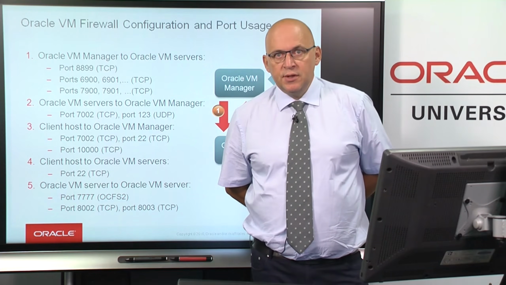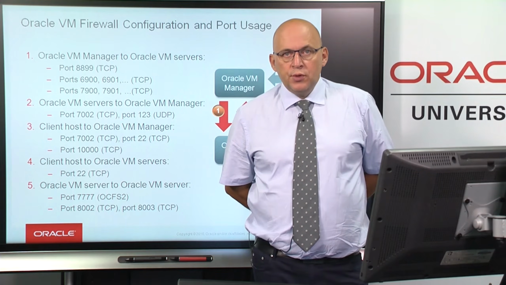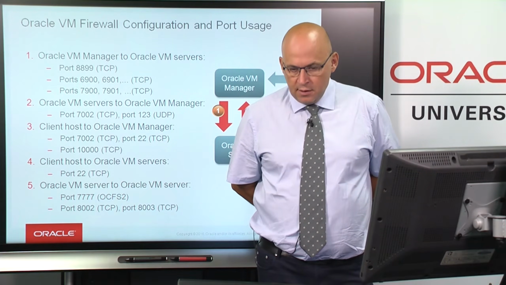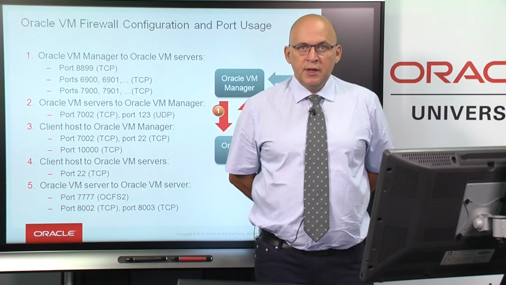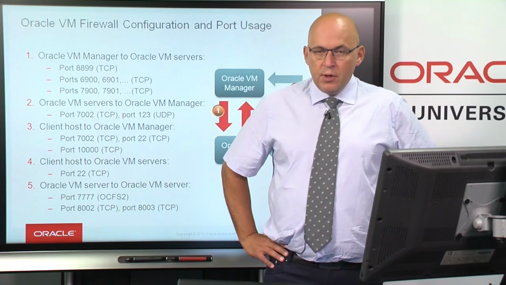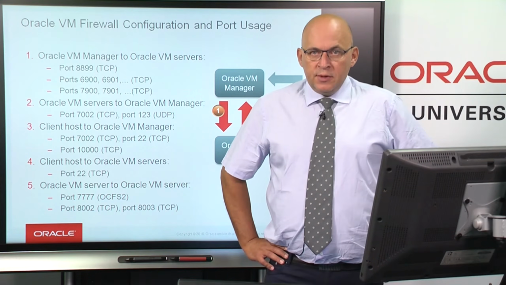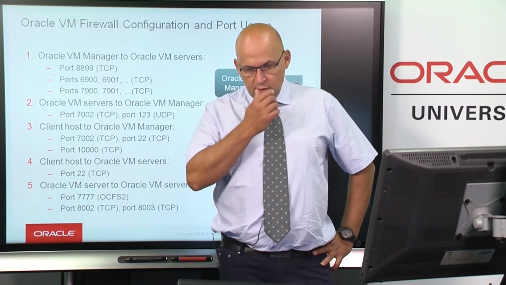So this is for the, let's say, telnet emulations, okay. The port 8899 will be used between the Oracle VM agent and the Oracle VM server. The port 22 on each and every Oracle VM server, because you may need to get connected into the servers in order to make any kind of configurations.